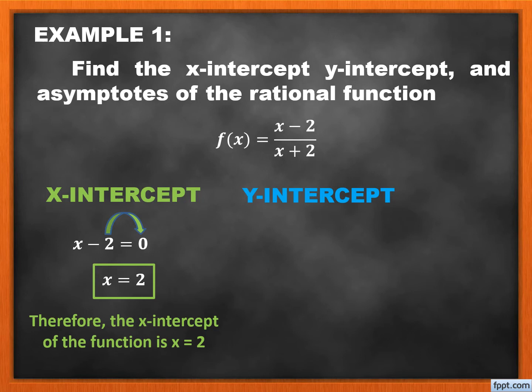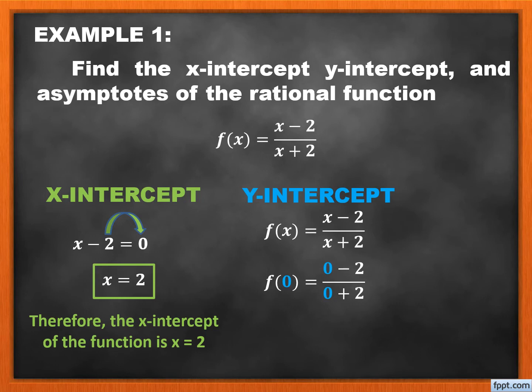How about the y-intercept? To solve for the y-intercept, using our equation f of x equals x minus 2 over x plus 2, we're going to change all the values of x by 0. So it will be f of 0 equals 0 minus 2 divided by 0 plus 2.